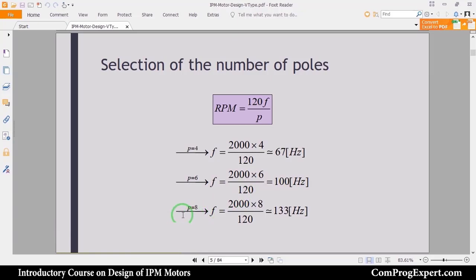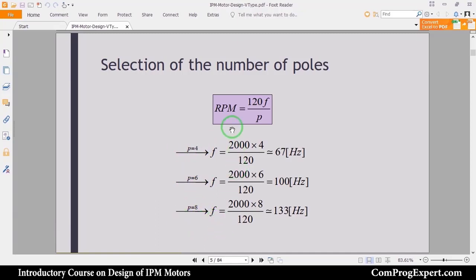And if the number of poles equals 8, the frequency of supply is 133. So what is the best number for the number of poles? I will explain this question. Okay.